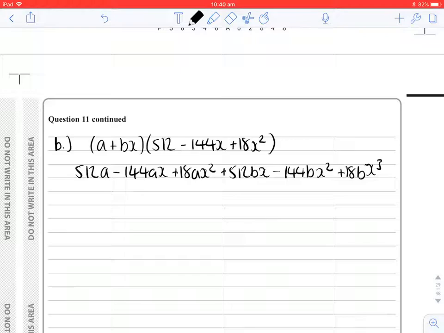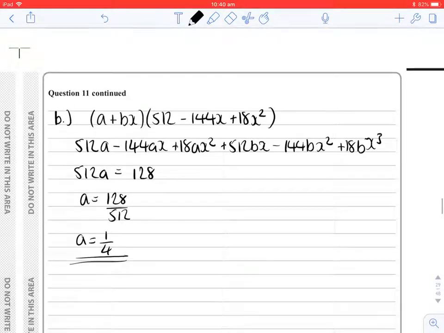So if we know that the first term is 128, then we've got 512a, that's the only term without any x's, and that must be equal to 128. And if that is true, a is then 128 over 512, and a is a quarter for part B.